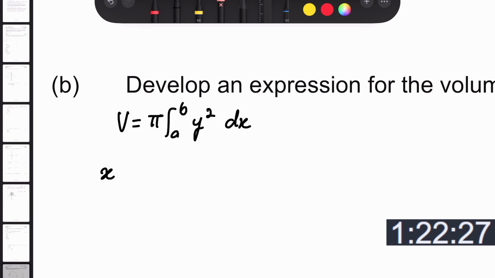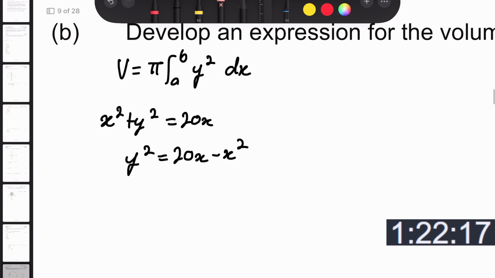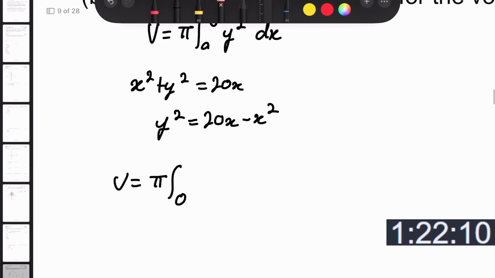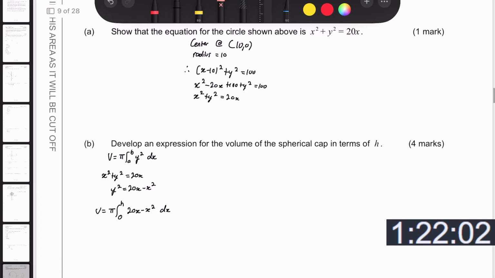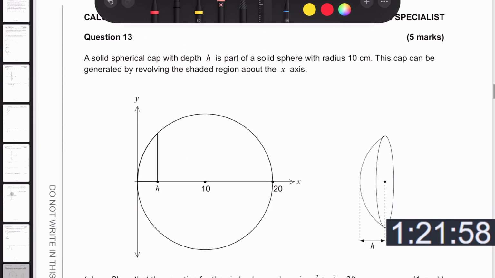So then, since we have x squared plus y squared equals 20x, we can say that y squared is equal to 20x minus x squared. So then volume is equal to pi, and we're going to go from 0 to h of 20x minus x squared dx.